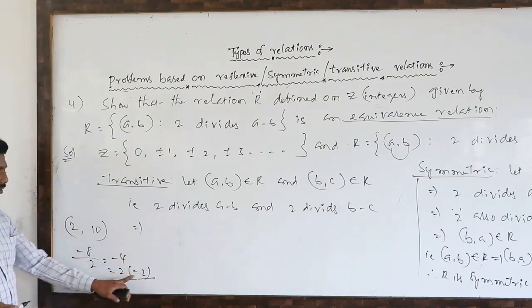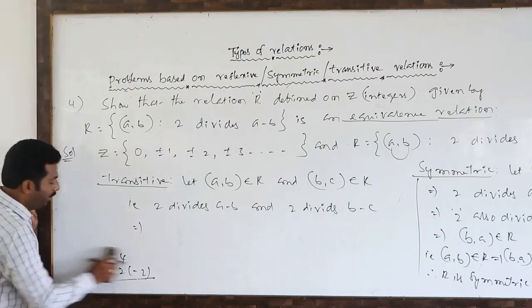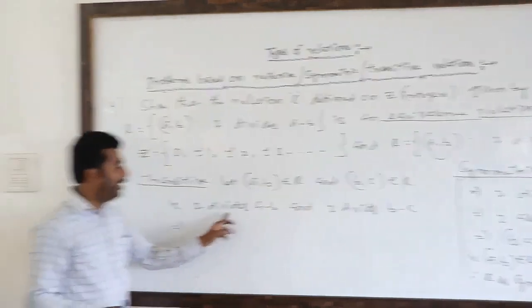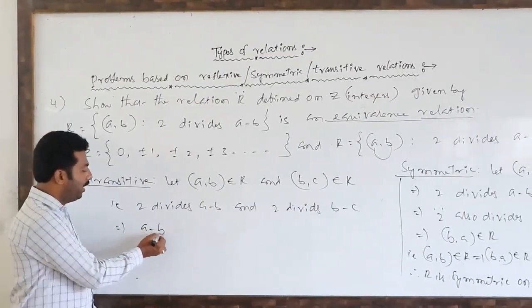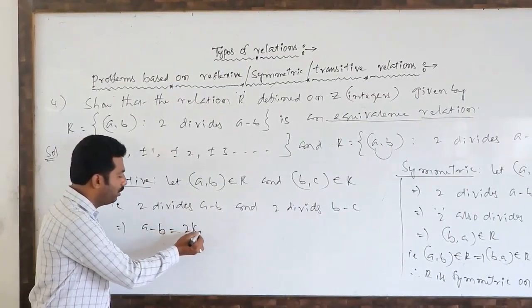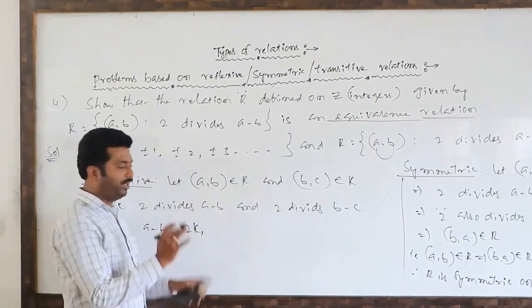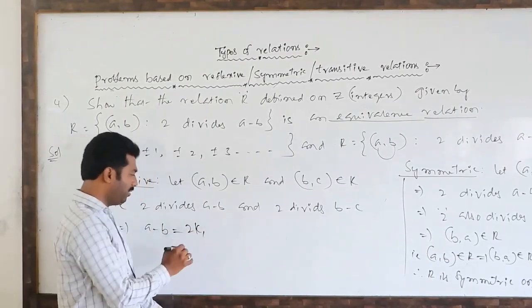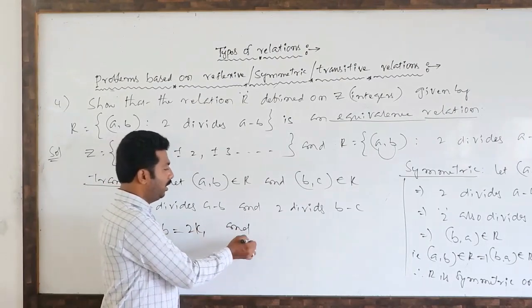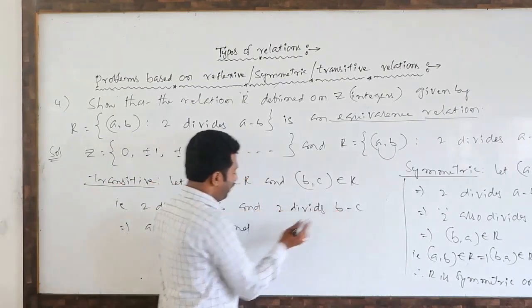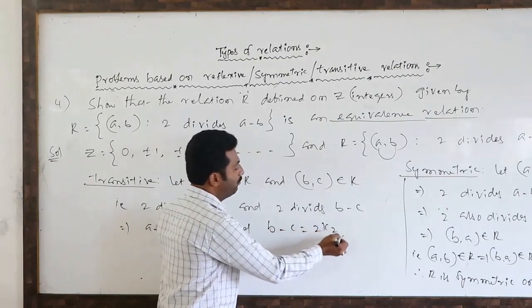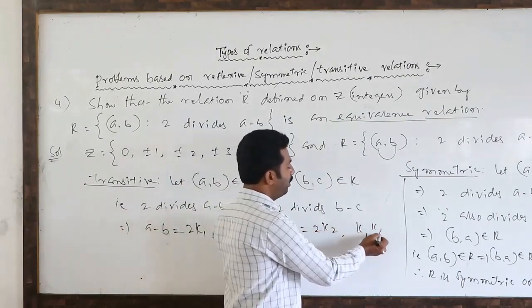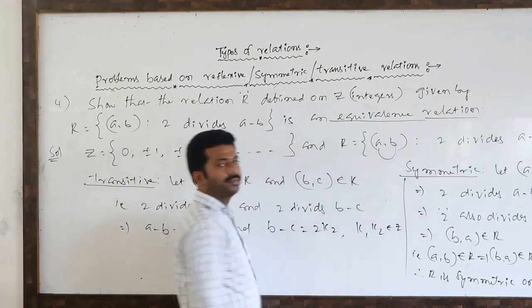So A minus B can be written as 2 into k1, where k1 belongs to the integers, or lambda 1 also, no problem. 2 divides B minus C means B minus C is also 2 into k2, where k1, k2 are integers.